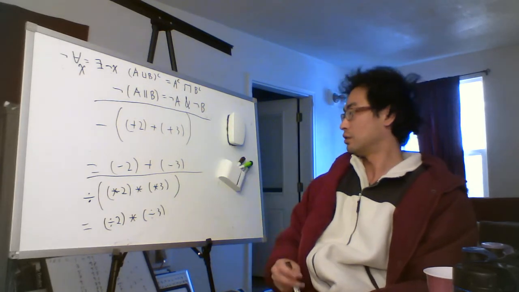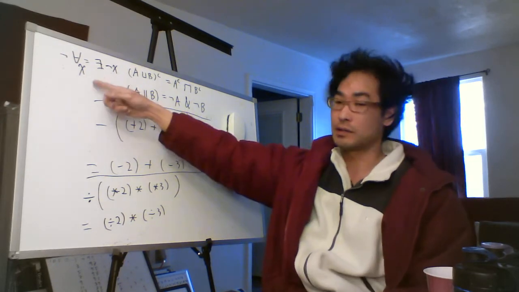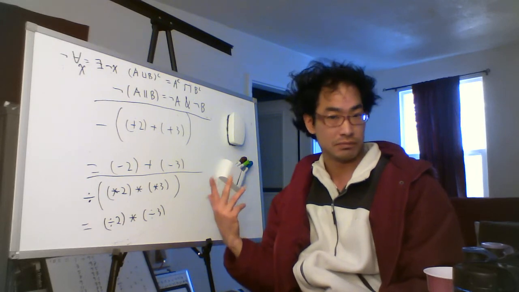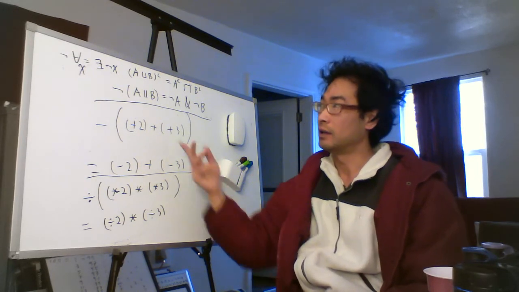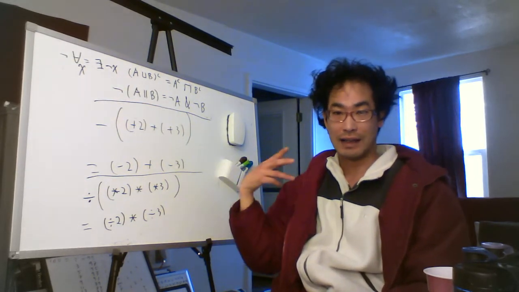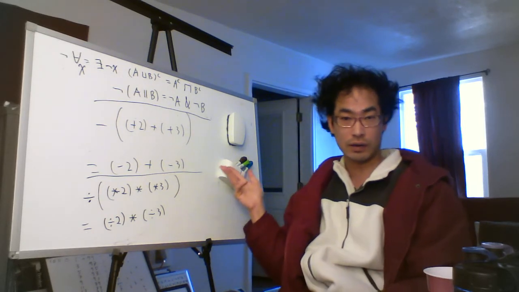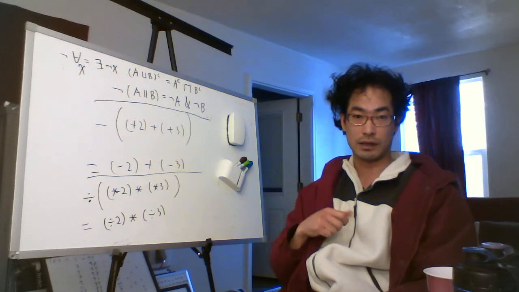All x means x1 and x2 and blah blah blah, right? Exist not x is like not x1 or not x2 or dot dot dot. So that's De Morgan's law.